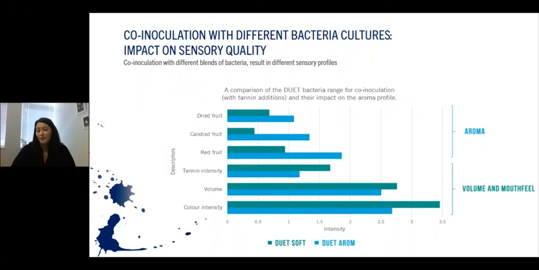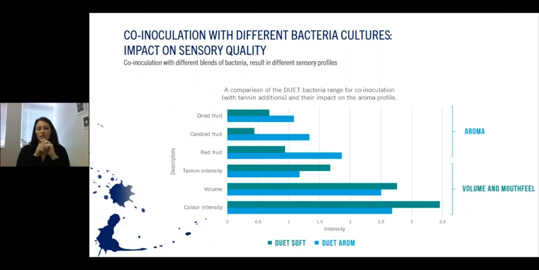What happens when we compare two blends? As I mentioned earlier, the bacteria strains don't just differ in their tolerances of pH, alcohol, sulfur, etc., but they also are different in how they impact the sensory profile of the wine.